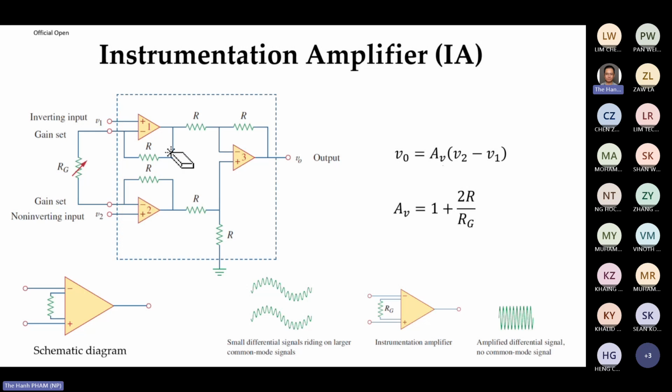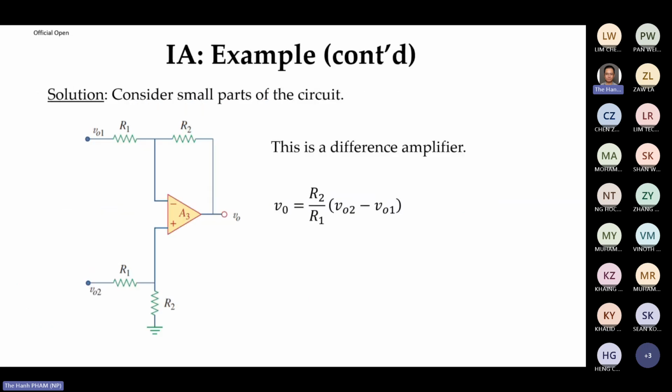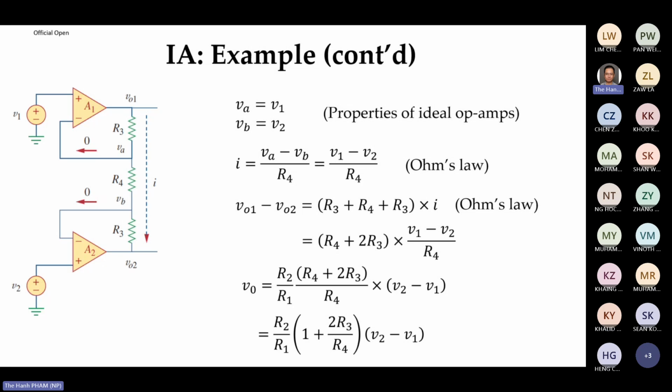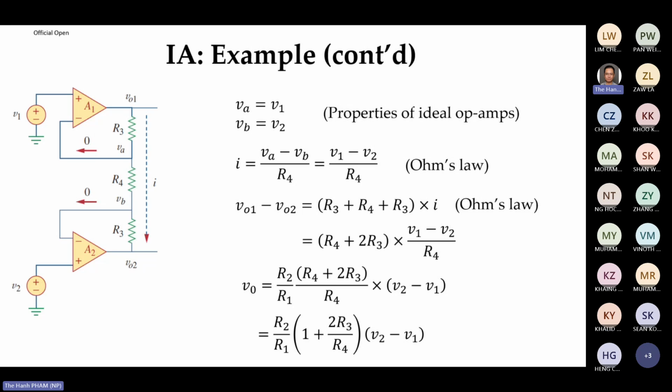If you design it in such a way, here is R, and R, and RG here is an external resistor, then the gain is calculated as 2R over RG, right? How to derive it, I put it here for you. If you want to go through it as a recap, feel free to do so. So if you need high input impedance for the difference amplifier, you can do it this way.